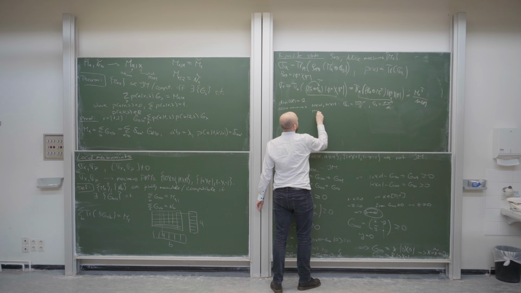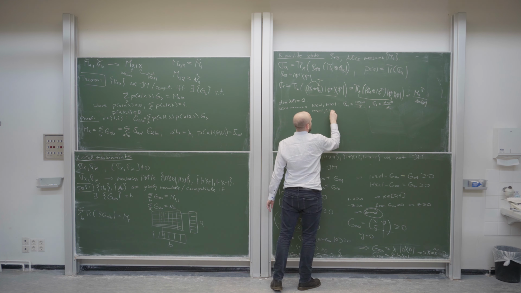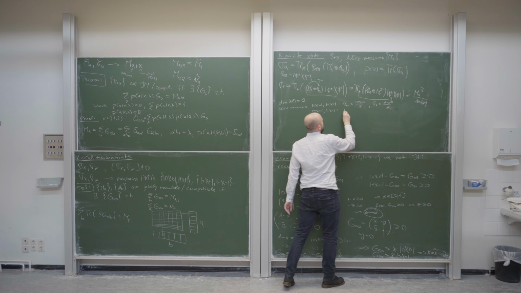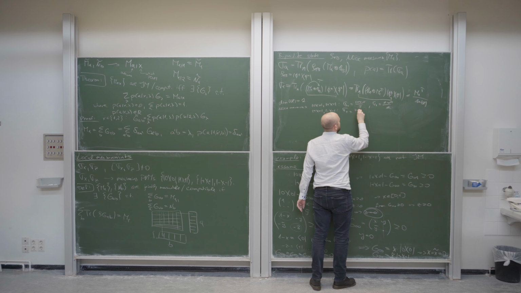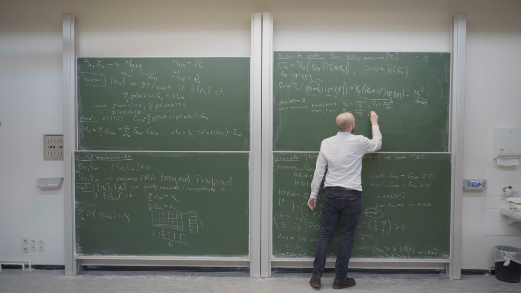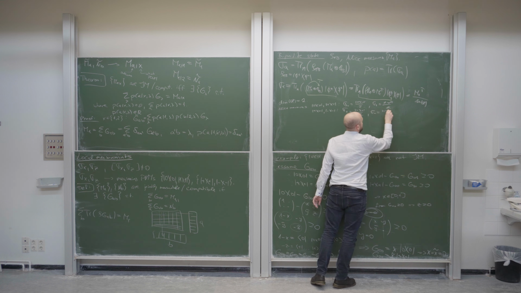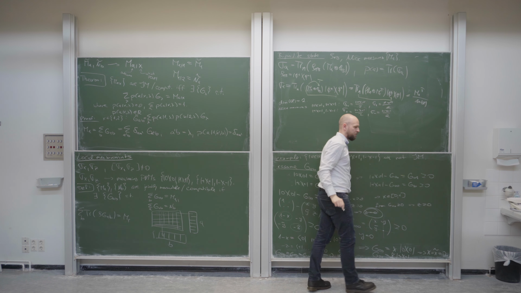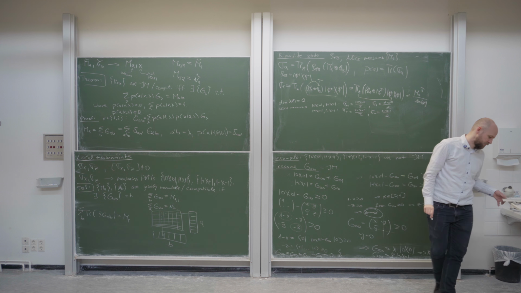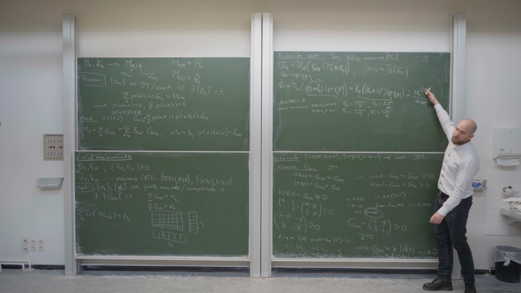And if Alice measures in the plus basis, we get that sigma plus is |+><+| divided by 2, and sigma minus is |-><-| divided by 2. I just plugged everything into this formula.